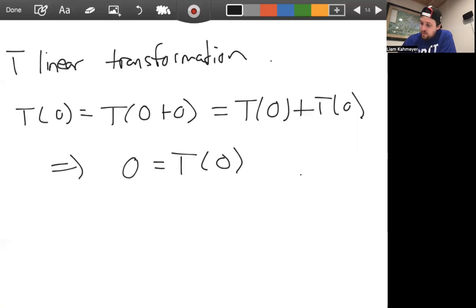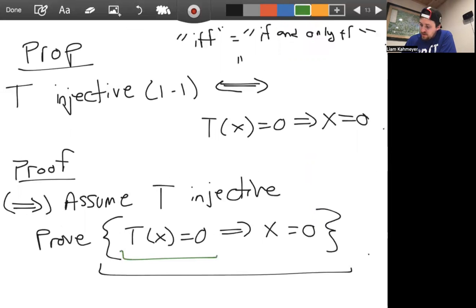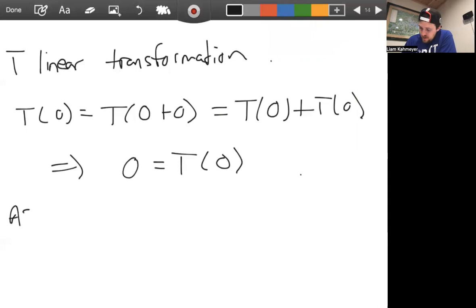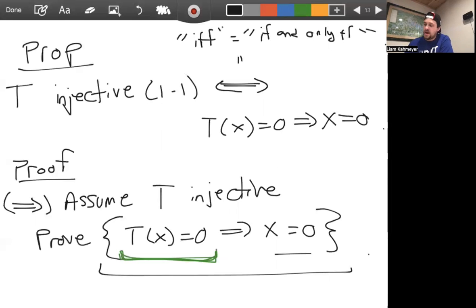But then to prove this statement, we need to assume that T of x equals 0. So let's assume T of x equals 0, and then we would want to prove that x equals 0. Well, what do we have?